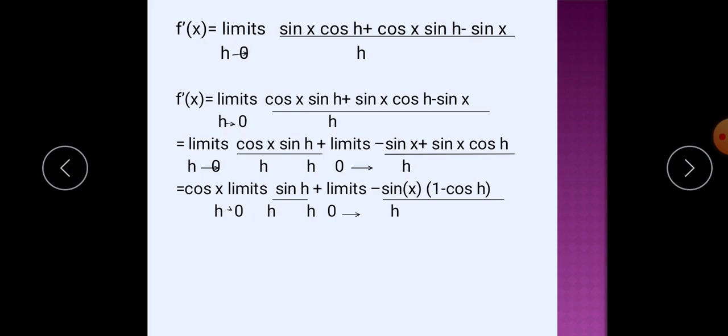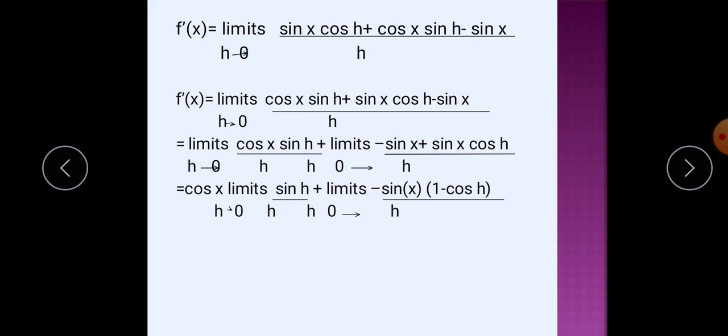The limit as h approaches 0 of cos x times sin h over h, plus the limit as h approaches 0 of negative sin x times 1 minus cos h, over h.